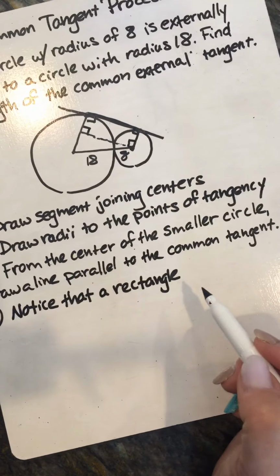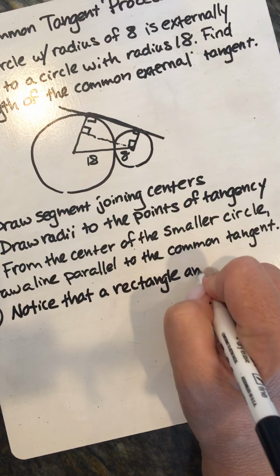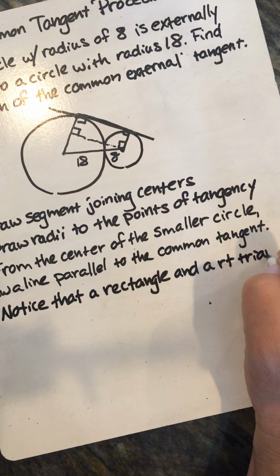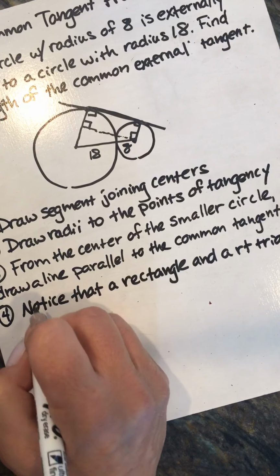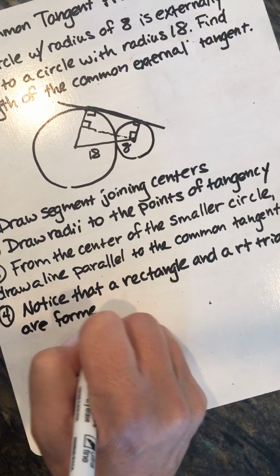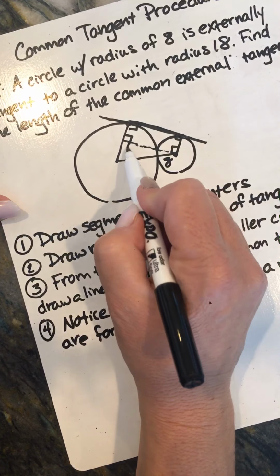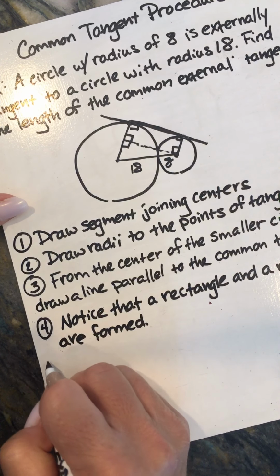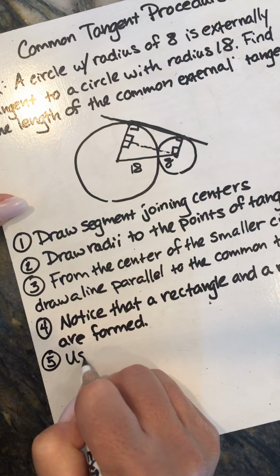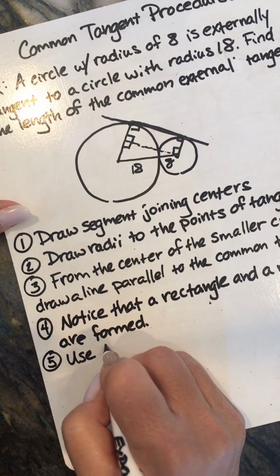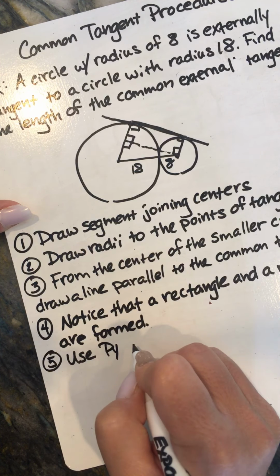So notice that a rectangle and a right triangle are formed. All right, here's our right triangle over here. Rectangle, right triangle. Step 5, last step. Use Pythagorean theorem. I know, kitty.